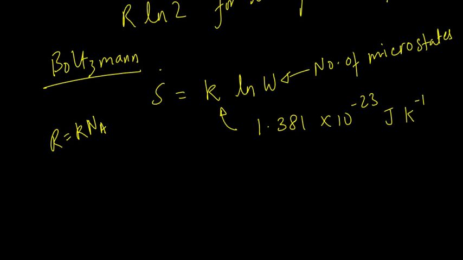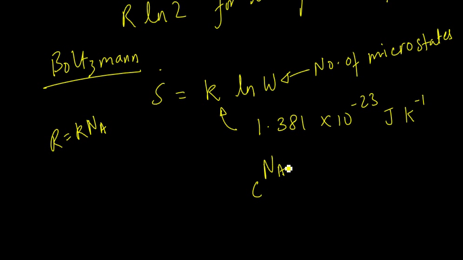And since we are dealing with 1 mole, see, each atom or molecule has a position somewhere in this box. There is 1 mole of atoms. So the number of microstates would be, let's say, C is the number of microstates for each and every molecule. So I have C to the power Na, 1 mole of molecules.